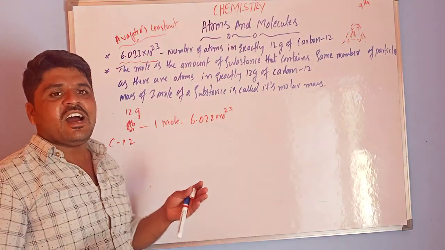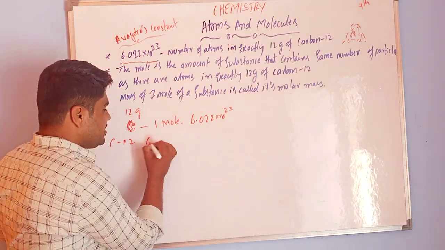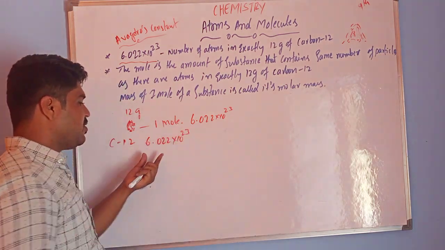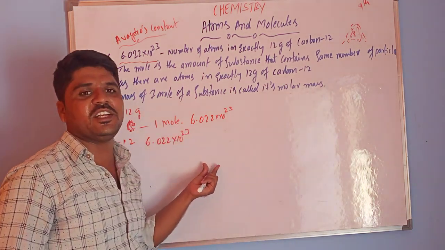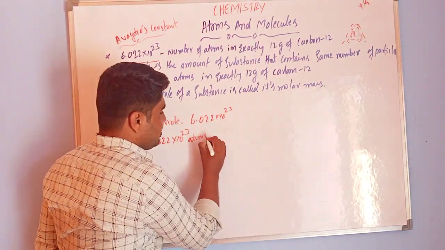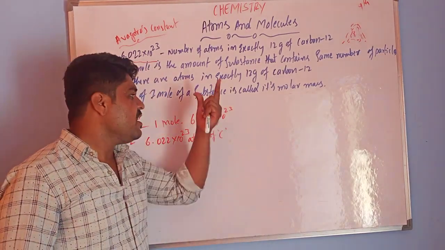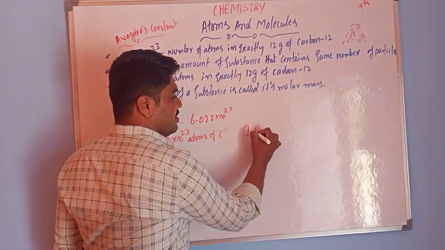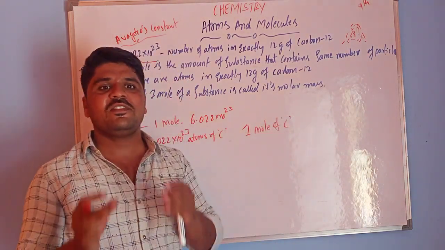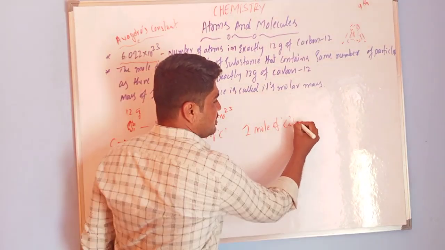So for this I am going to write the relations. 6.022 into 10 to the power of 23 atoms of carbon, which means 1 mole of carbon atoms.